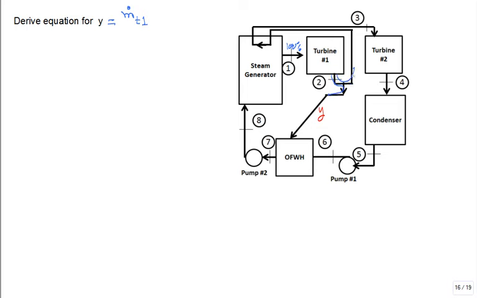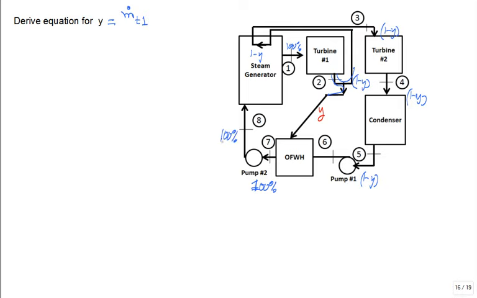So 1 minus y is the fraction that continues to the reheater, 1 minus y is the fraction that continues to the second turbine, 1 minus y is the fraction that goes through the condenser, 1 minus y is the fraction that goes through the first pump. But y joins up with 1 minus y in the open feed water heater, and now you're back to 100% that goes into the second pump, out of the first pump, second pump into the steam generator.